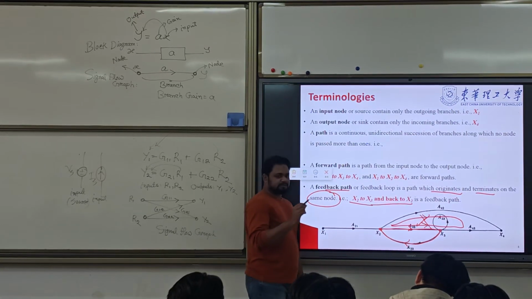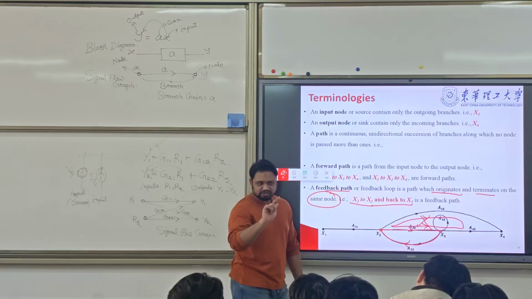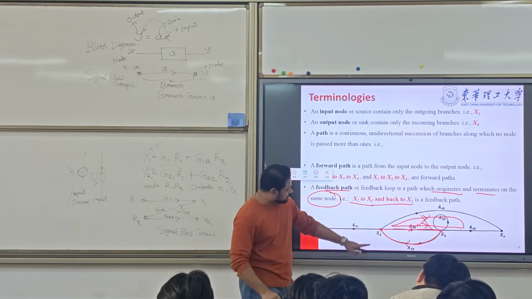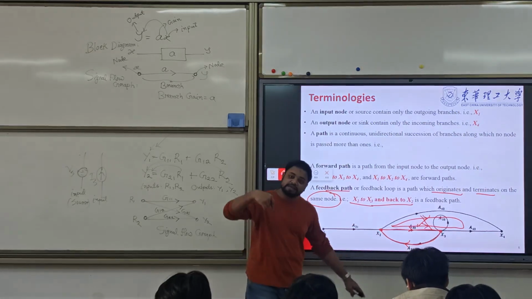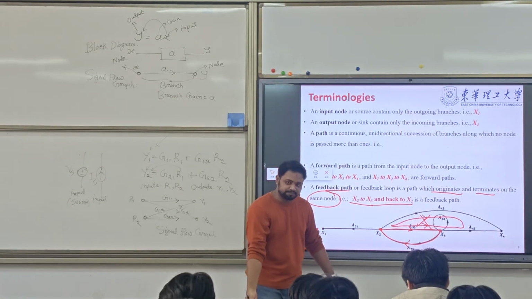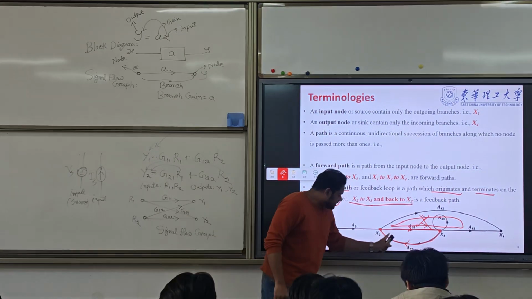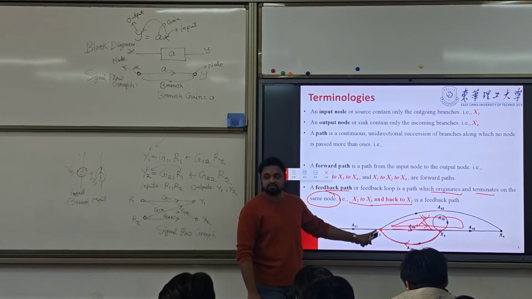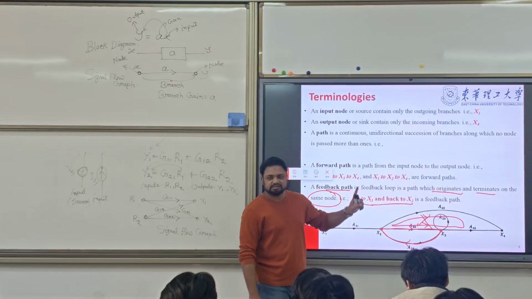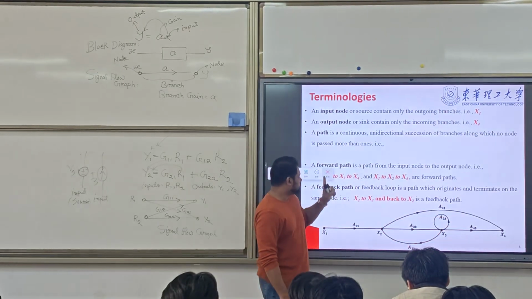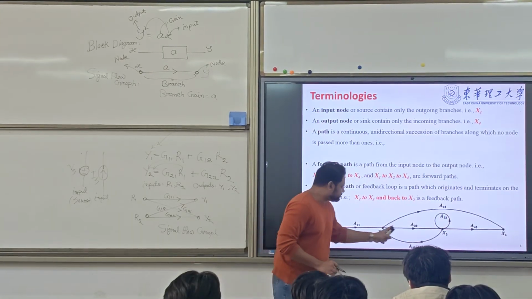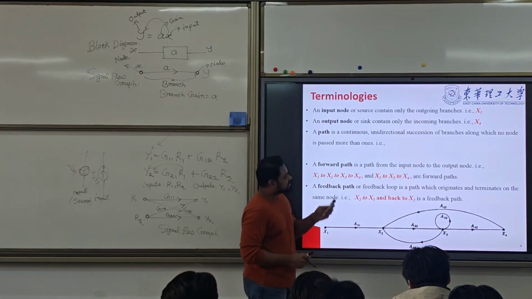A feedback path does not need to start from the input. It will start from a node and it will end up in the same node. It started from x2, going to x3 and ending up at x2 again. That is feedback. Shortly we call it a loop.